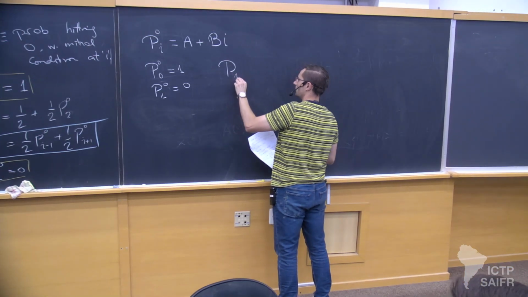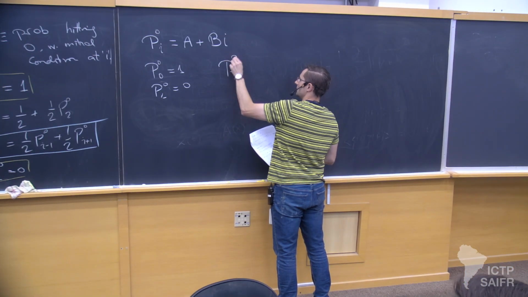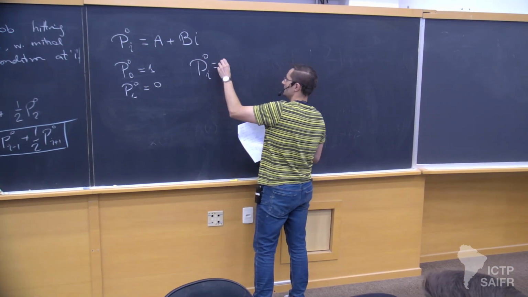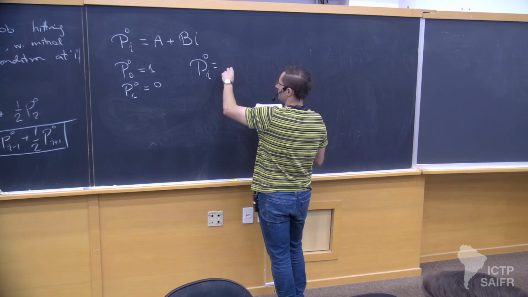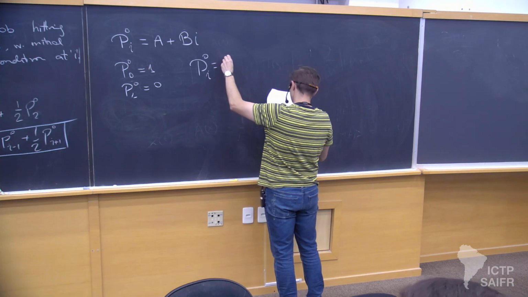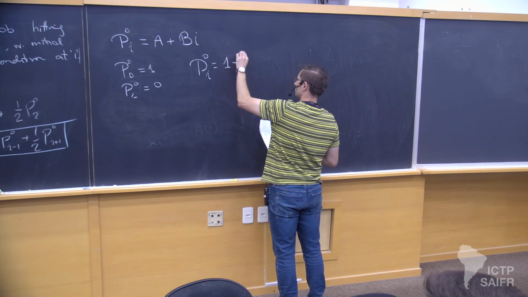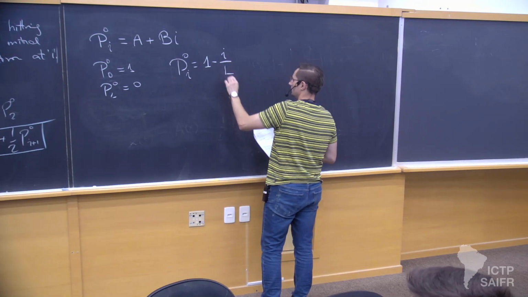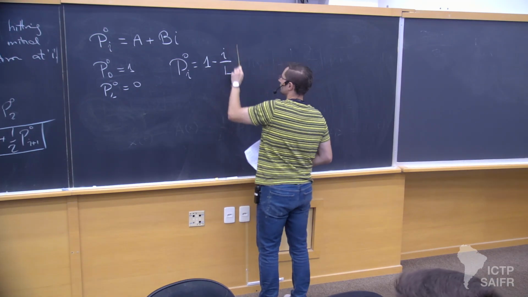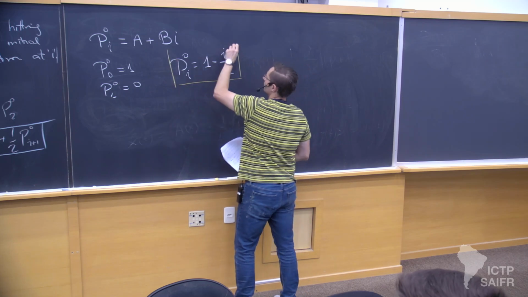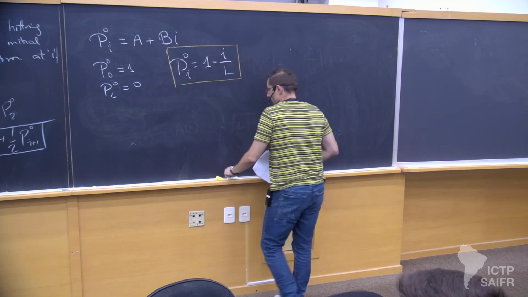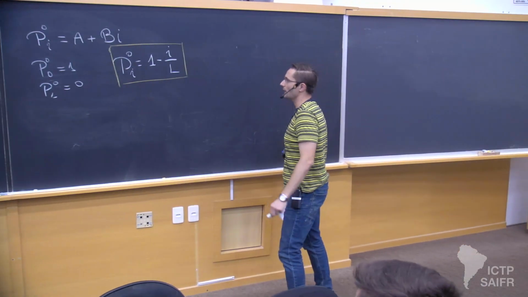And then we get the probability of hitting 0 starting from I is 1 minus I divided by L. So I don't know if you are going to ask me why I chose 0.